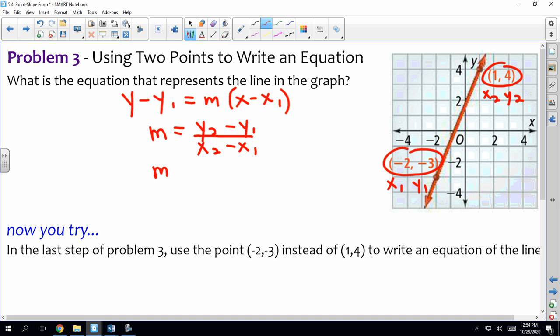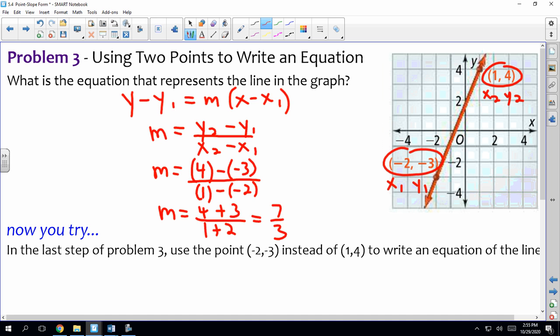Plug this in here. So m equals y sub 2 is 4, y sub 1 is negative 3, x sub 2 is 1, and x sub 1 is negative 2. So I've got this slope, m equals 4 plus 3, the minus the negative 3 is 4 plus 3, over 1 plus 2, which gives me 7 over 3.